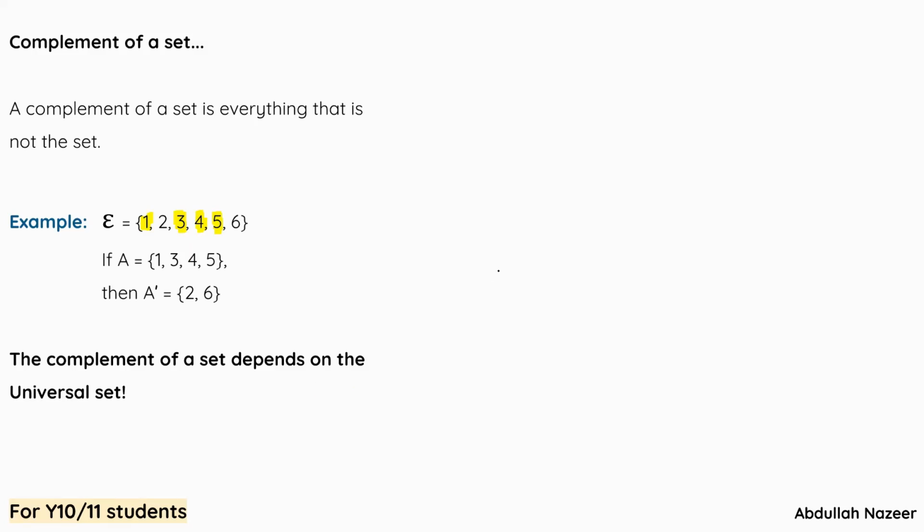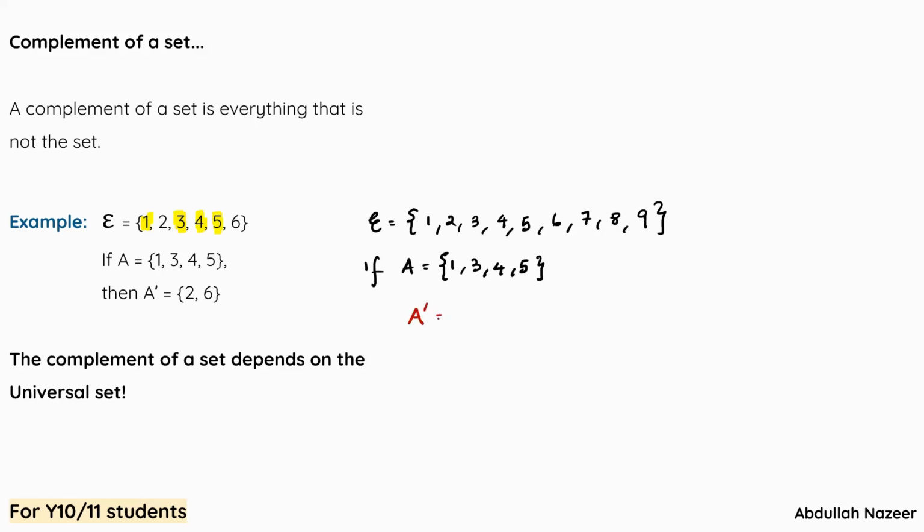For example, if my universal set is 1, 2, 3, 4, 5, 6, 7, 8, 9, and I again say that A is the set 1, 3, 4, 5, what would A complement be?